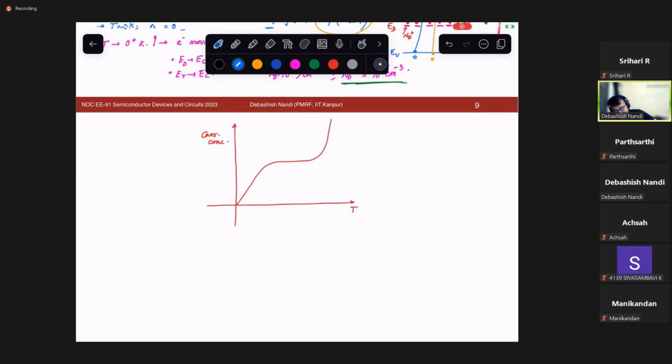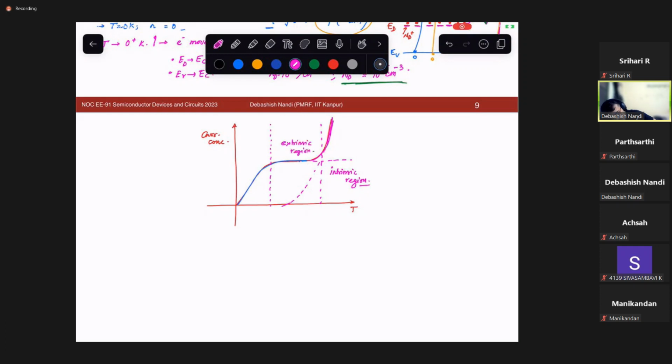This part is coming about due to the dopant part, and after that the intrinsic part starts to dominate. This plot we divide into 3 regions. This region is called the intrinsic region. Okay, this region is called the extrinsic region.